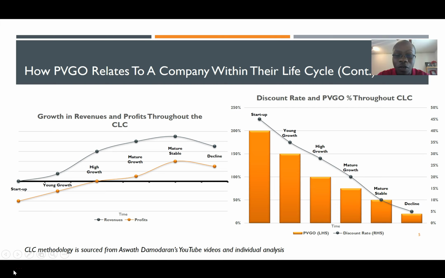They want to see, are they going to be rewarded maybe in the long run by dividends, stock buybacks? Are you going to get rid of the debt holders, not worry about them so much? So, yeah, the best way to represent this is the graph to your right. Once you get more into a high growth phase where revenue still matters a lot, but there's at least some profitability there, that's when the PVGO percentage starts kicking in.